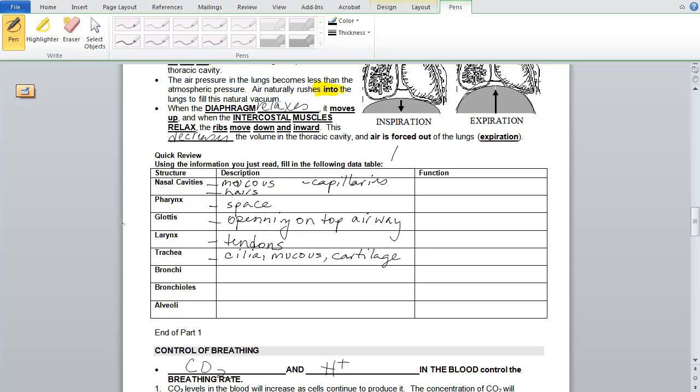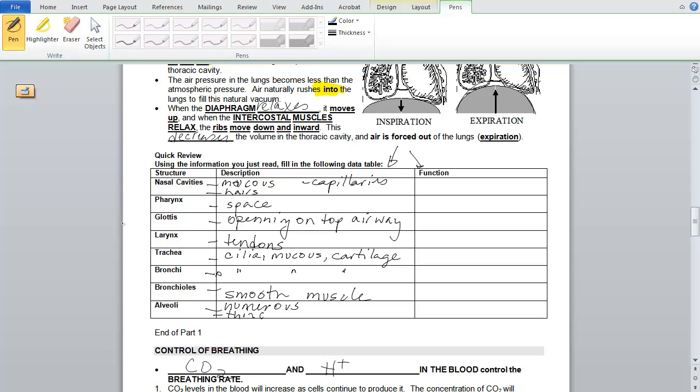And just trying to go through these so you could go through and look at the functions. The bronchi, same. Bronchioles are lined with smooth muscle. And lastly, a lot of things we need to know about the alveoli. They are numerous.